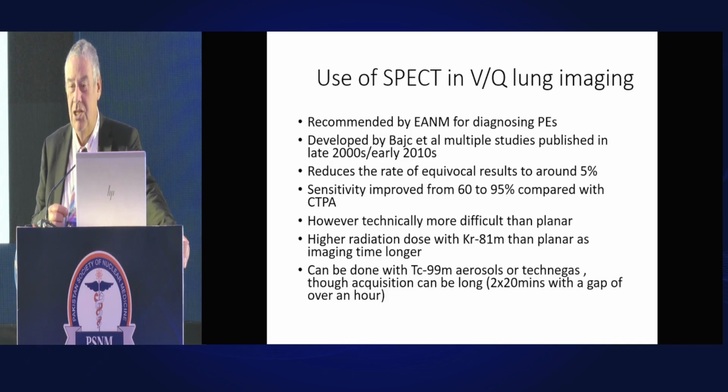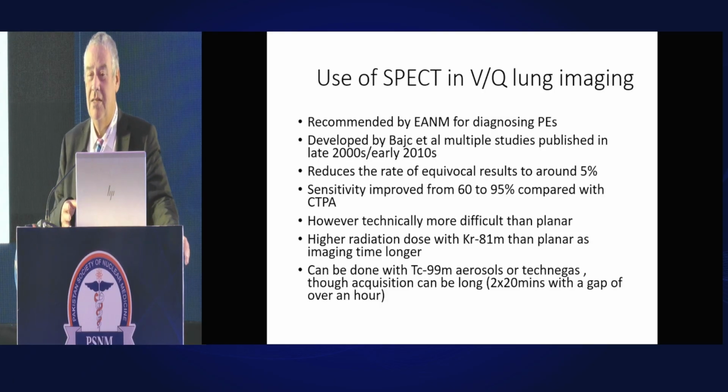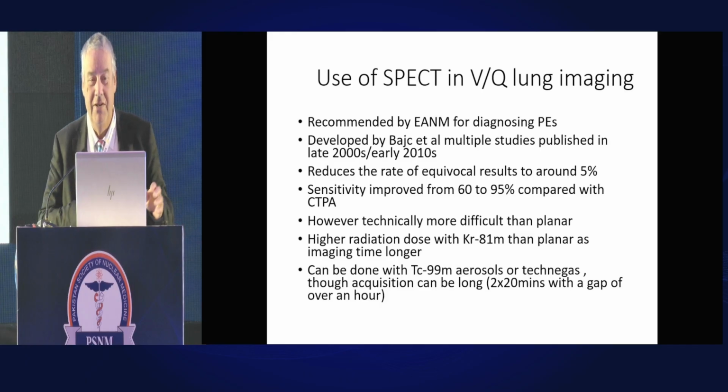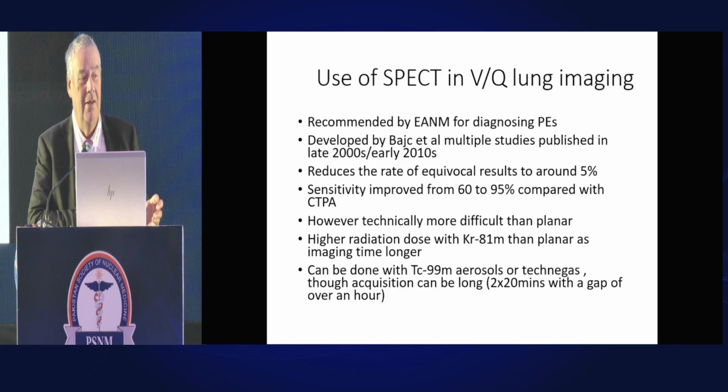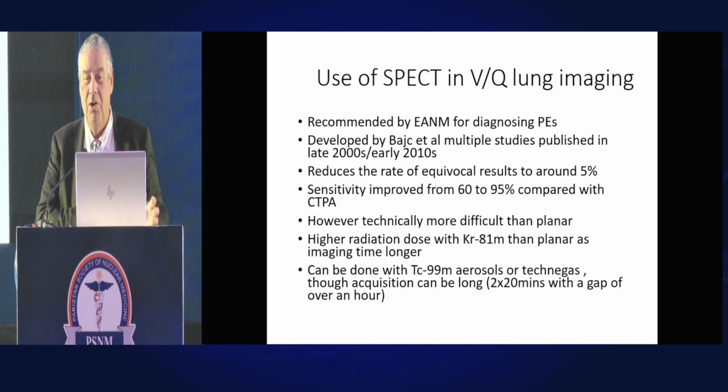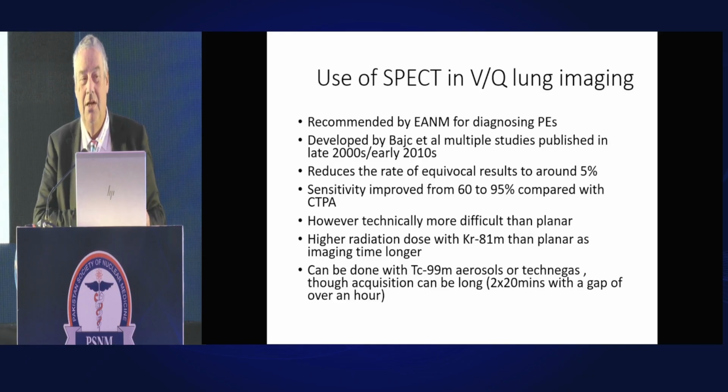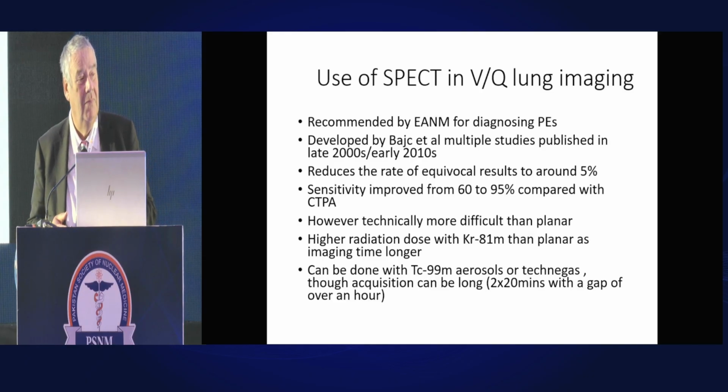And particularly she noticed a big improvement in sensitivity compared with CTPA. So if you look at some of the published data, particularly from things like the PIOPED studies in the US, they will say that the sensitivity of CTPA for PE is only 60% of patients. If you do your test properly and use proper criteria for diagnosis, which is what Professor Bajc did, you can get that up to 95%.